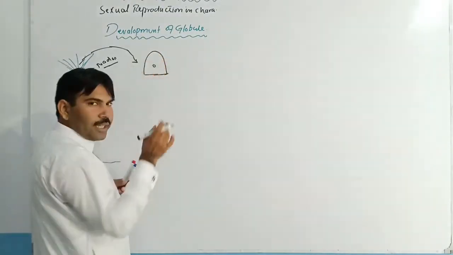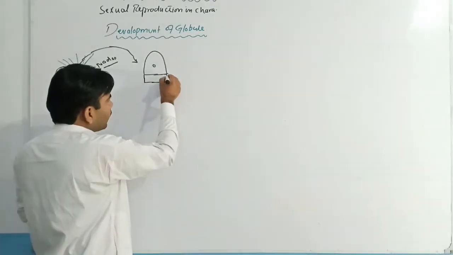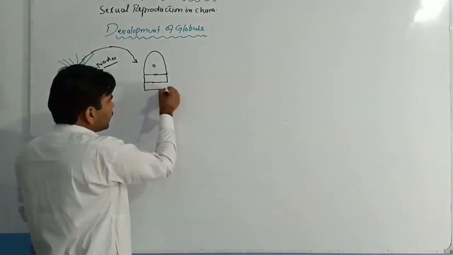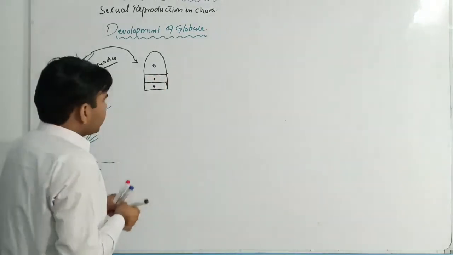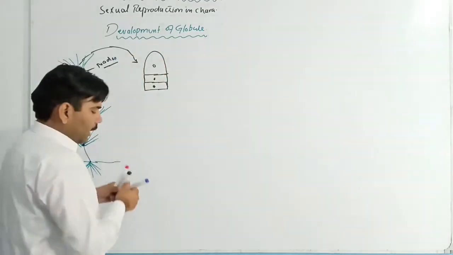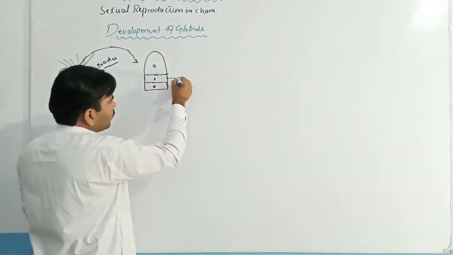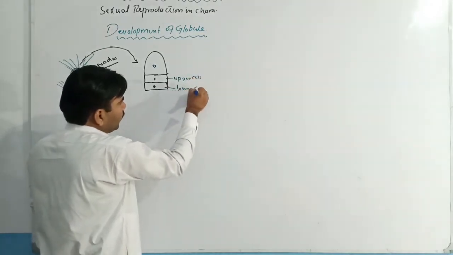Division in this cell occurs and produces two cells. This is a first cell and this is a second cell. So these cells are produced as a result of division of this nodal cell. This is the upper cell and this is the lower cell.